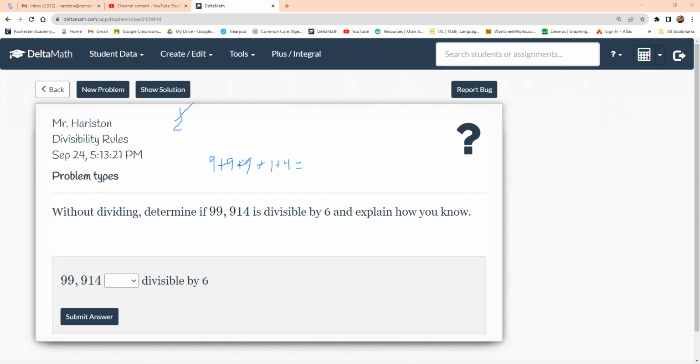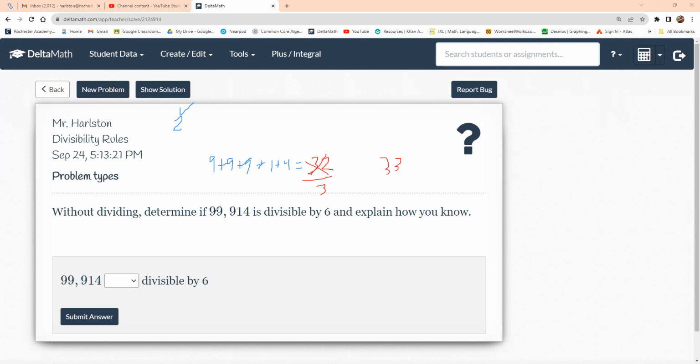So 9 plus 9 plus 9 is 27. 27 plus 1 is 28. 28 plus 4 is 32. So this number is not divisible by 3. 33 is divisible by 3, but 32 is not.